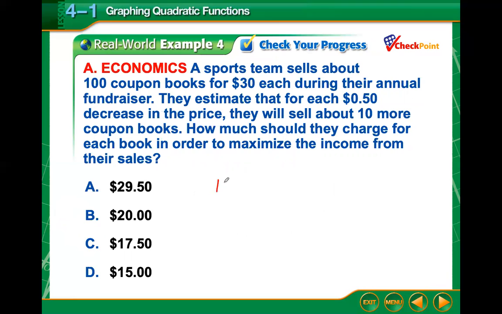So the number of mugs minus 10x times the price. This would be our setup, and we would go ahead and solve the same way and get that the answer is C, $17.50 is how much they should charge.